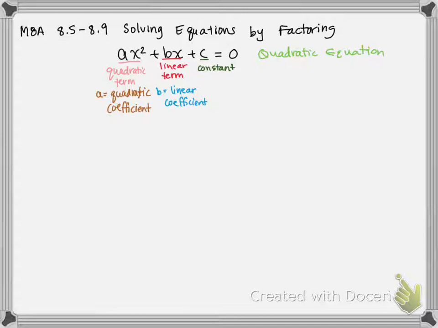So in order for it to be a quadratic equation, the quadratic polynomial has to be written in descending degree order on the left with a 0 on the right.